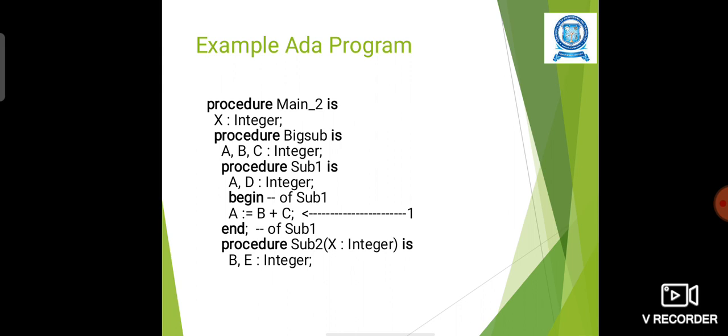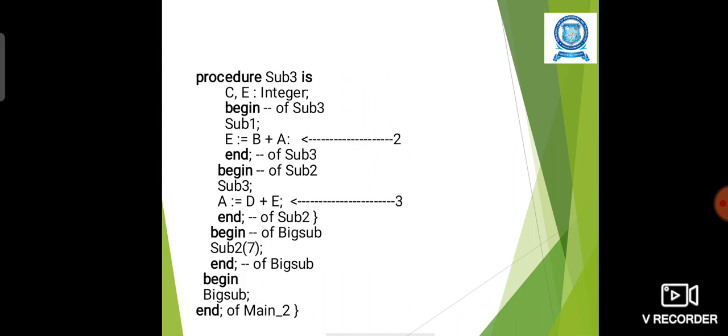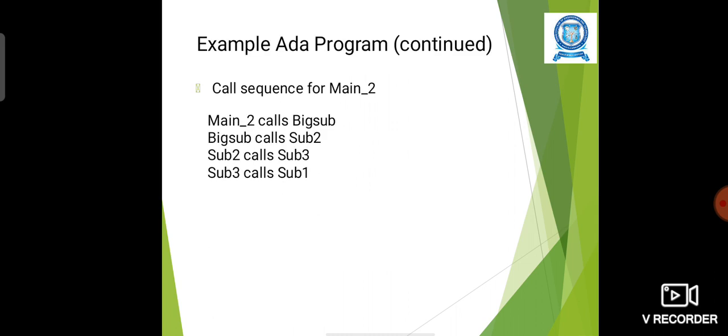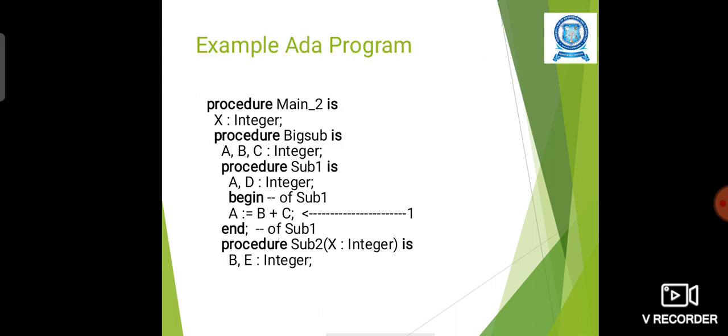Example in an ADA program. There are procedures main2, big sub, and sub1, and each procedure is ended by the end statement. So this is an example of nested subprograms in ADA. The procedure big sub is defined under main2.